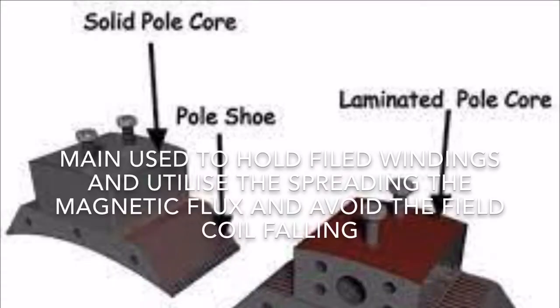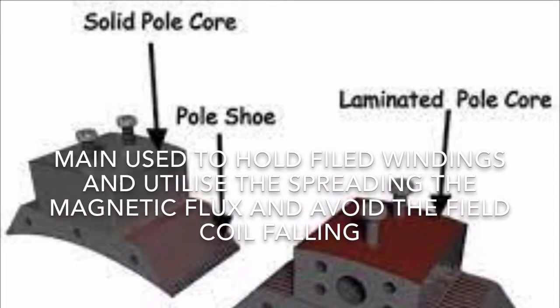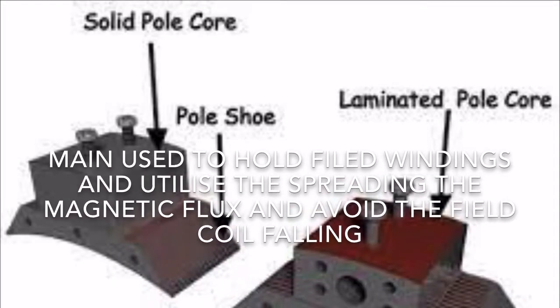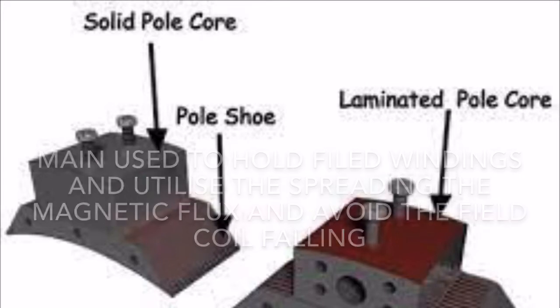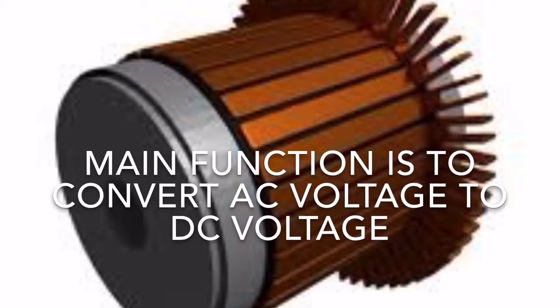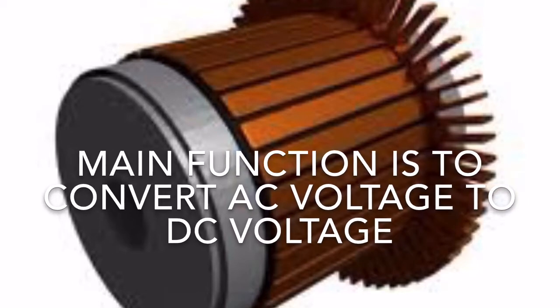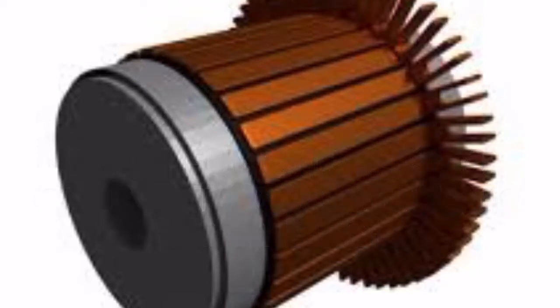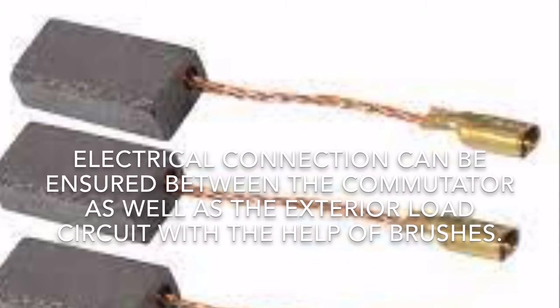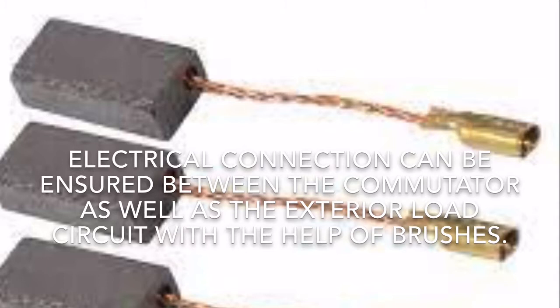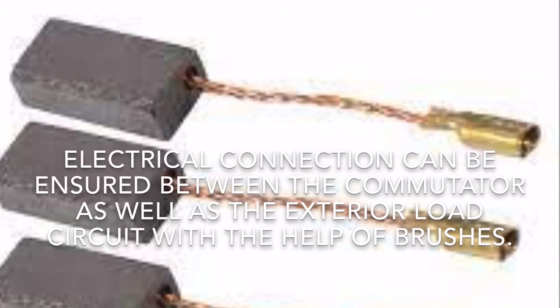We also have the poles, mainly used to hold field windings. Pole shoes, mainly utilized for spreading the magnetic flux and avoid the field coil falling. With the commutator, the main function is to convert AC voltage to DC voltage. We also have the brushes. The electrical connection can be ensured between the commutator as well as the exterior load circuit with the help of brushes.